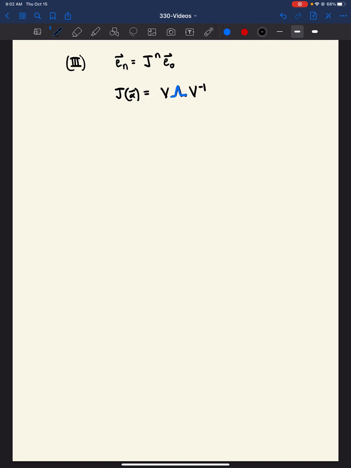So let's take a look at what happens. For example, let's go back through our iterative process. E sub 1 is equal to J times E sub 0. Substituting in what we have now, that is V times capital lambda, V inverse, times E0.